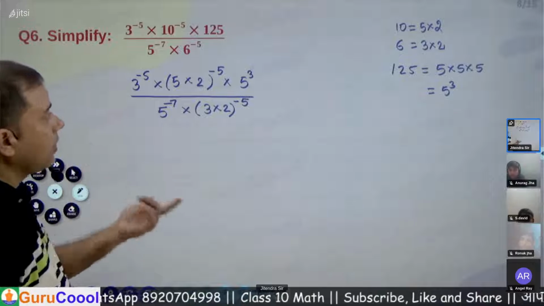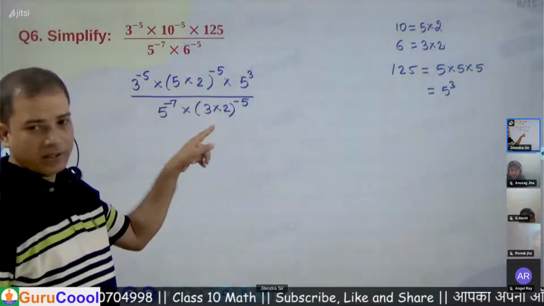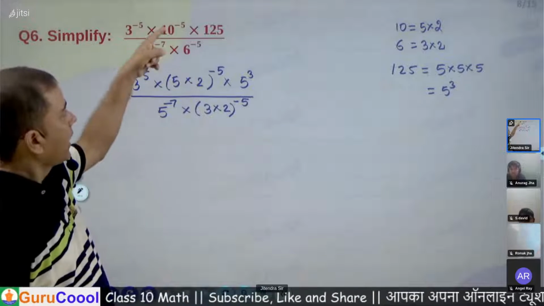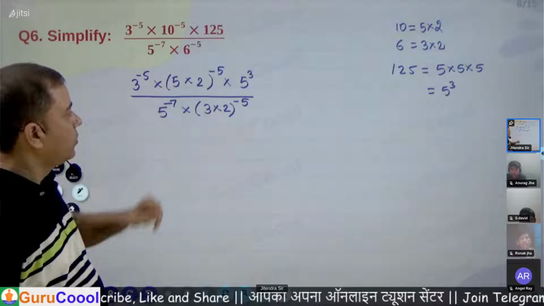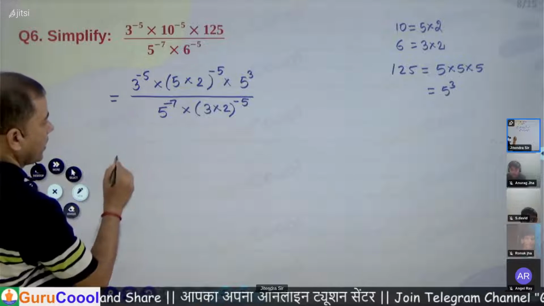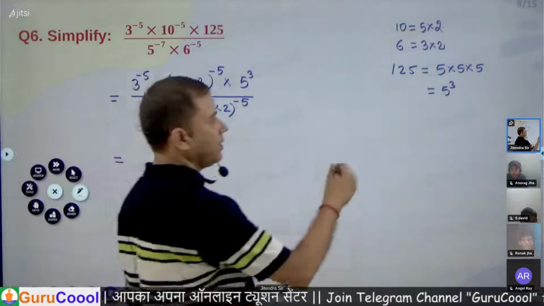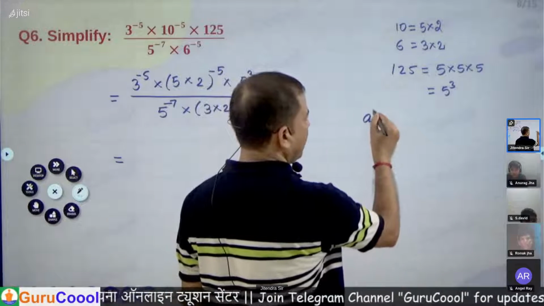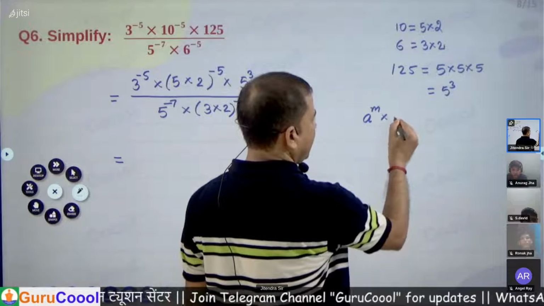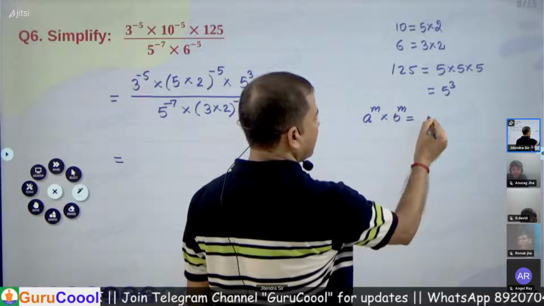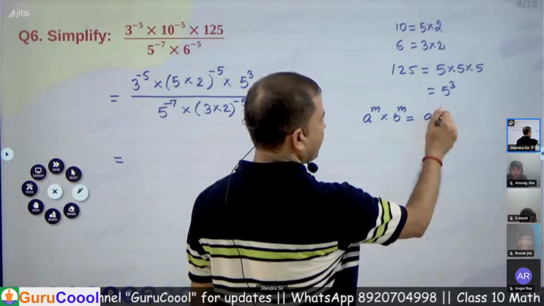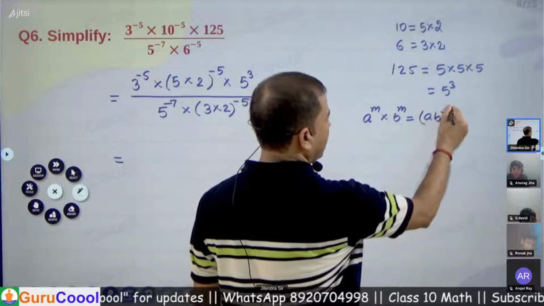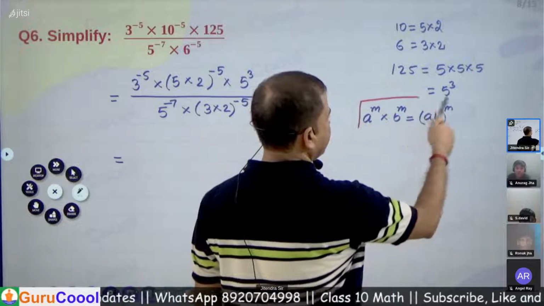Now you might be thinking, what is the advantage of doing this? In place of 10, I wrote 5 into 2. In place of 6, I wrote 3 into 2. See, as a law of exponent, a power m multiply b power m equals a into b power m. Do you know this rule or not?